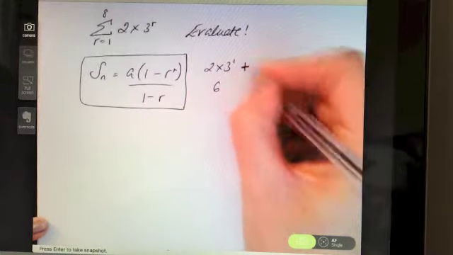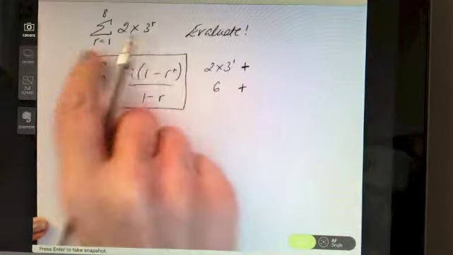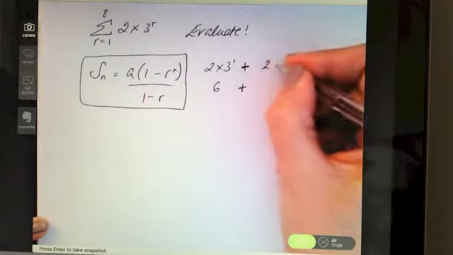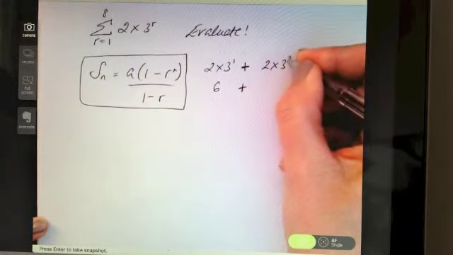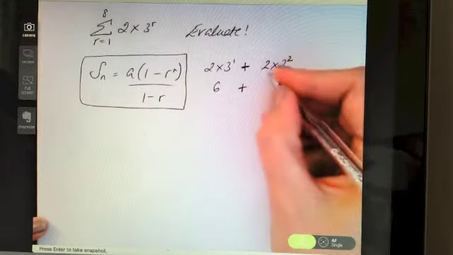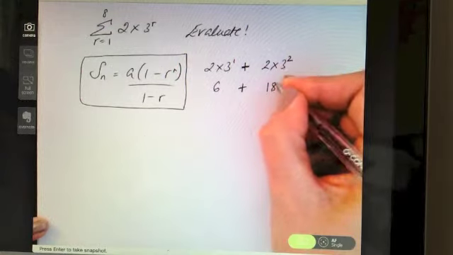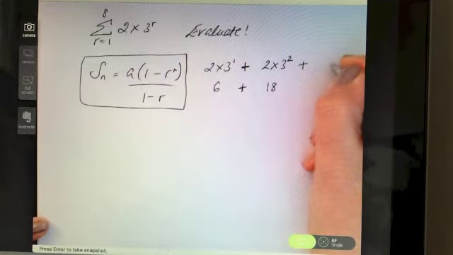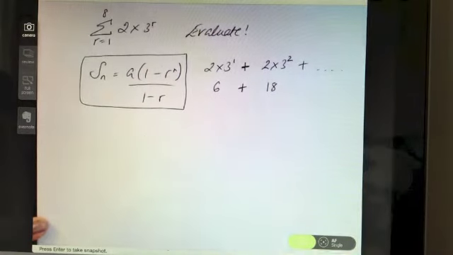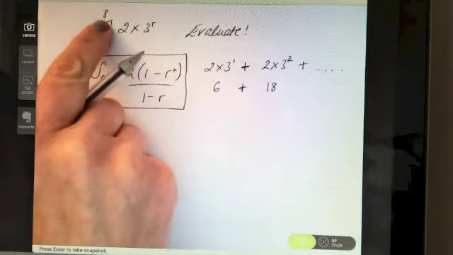Then you'd need to add the second term. If I was to evaluate this the long way, the second term would be when you are subbing in r equals 2. So you end up with 2 times 3 squared, which is 2 times 9, which is 18. And then you'd carry on, 2 times 3 to the power of, subbing in 3, and so on. You could do that the long way around if you wanted, because you're only going up to 8 terms.